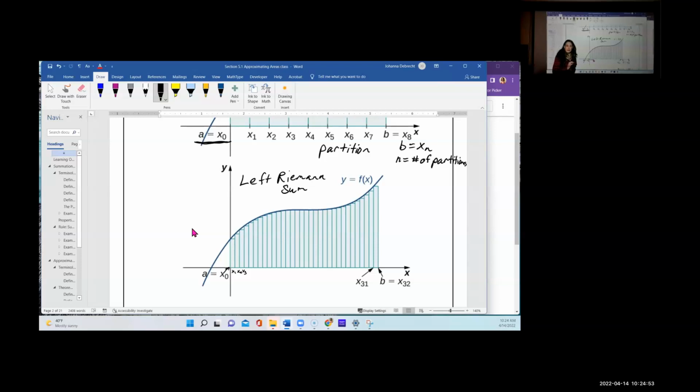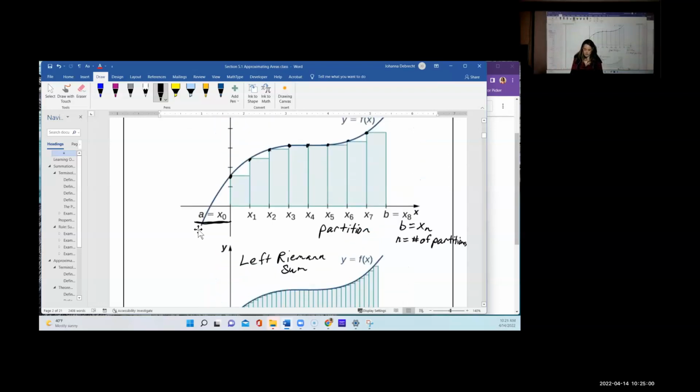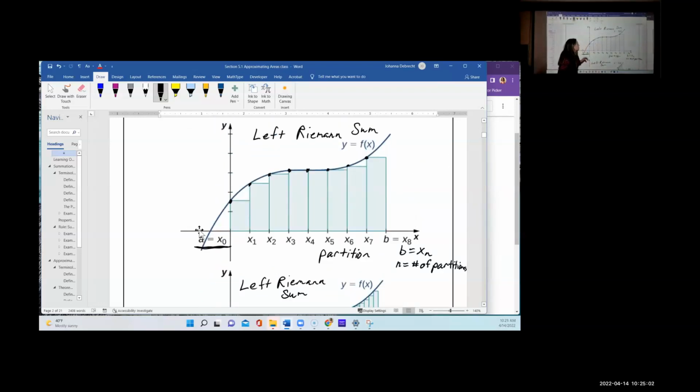Notice how much better these 32 rectangles fit the same curve as compared with 8 rectangles. In the 8 rectangles, you can tell that we are underestimating the area, because we've got some space right here that isn't shaded, but is under the curve, right?